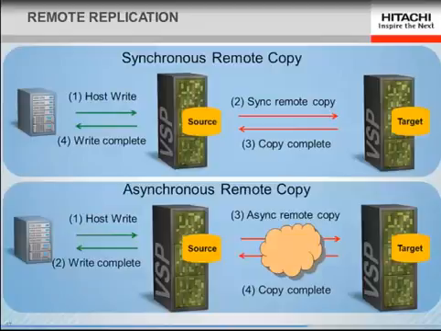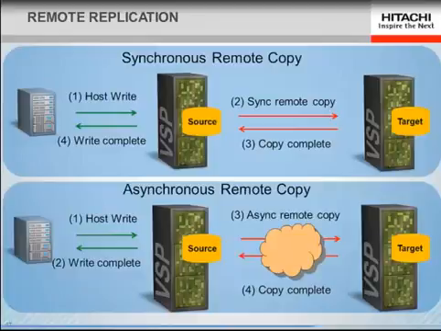With asynchronous, we would write to the source and then have a write complete back to the host. And at some later time, either milliseconds later, seconds, minutes, we would write that copy out to the target and then say the copy is complete. In these cases, there may be some difference between the data on the source and the data on the target.